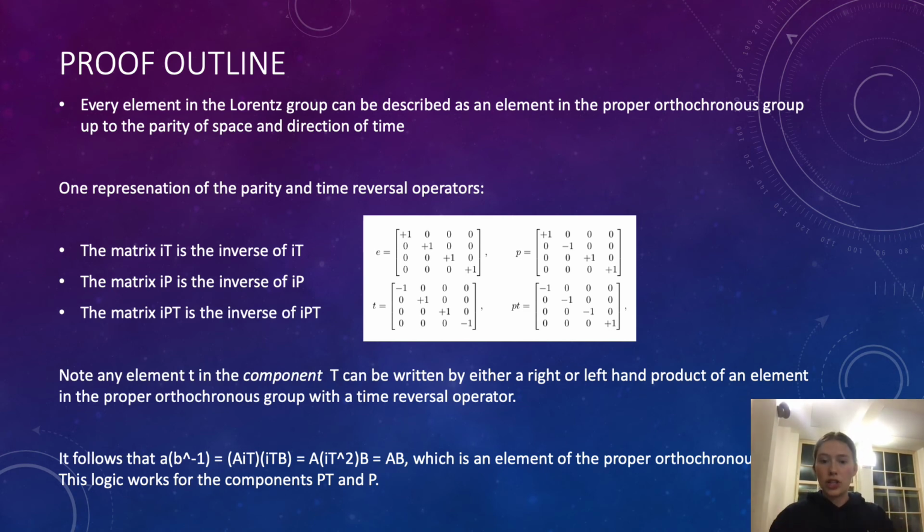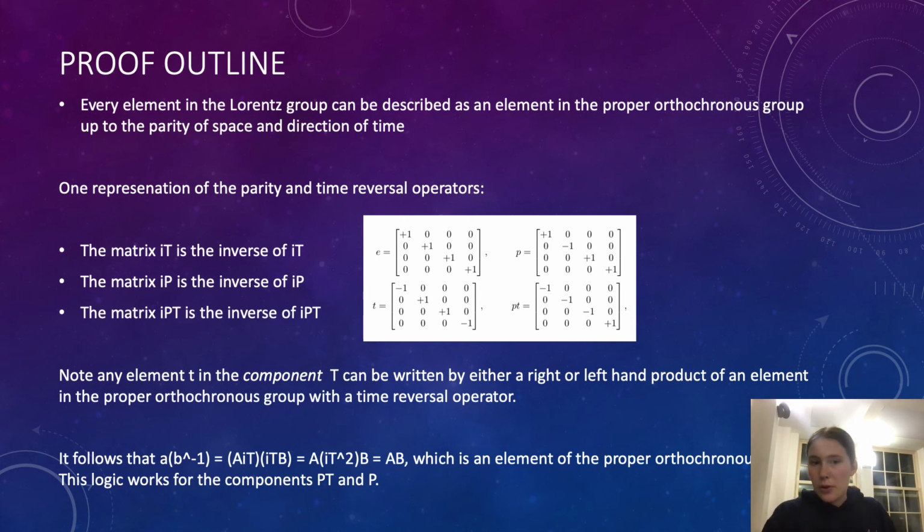So it's something that only changes the time direction when applied to the matrix. So note that any element, say T, in the component, we're going to go with capital T, which is the time reversing component, we can write as either a right or left-handed product of an element in the proper orthochronous group with a time reversal operator.